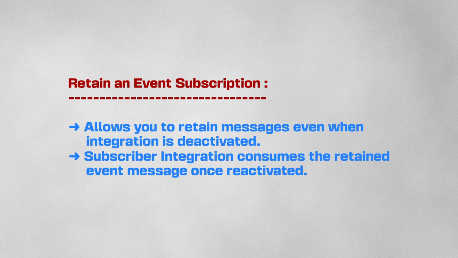You can also retain an event subscription when deactivating an integration that is subscribing to published events. When you retain the subscription, OIC allows the integration to resume consuming previously published events once it is reactivated, almost like a durable subscriber in JMS.